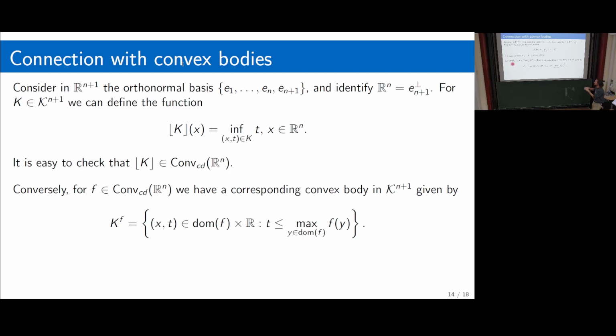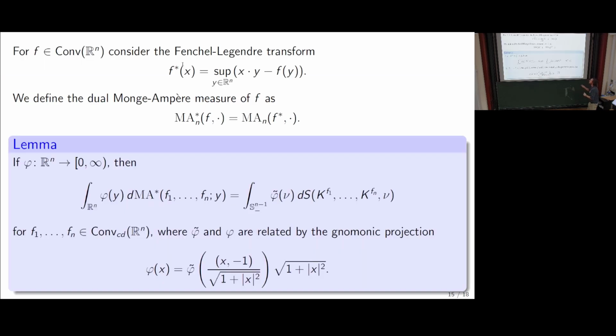Then, conversely, we start from a function with compact domain, and then we can just cut the epigraph at the maximum. And this is again a convex body. So nice to notice that in one direction this is reversible. If we take f, we consider the corresponding body, and then we take the function representing the body, we obtain again f, which is good to know.